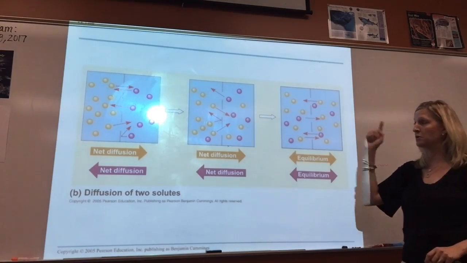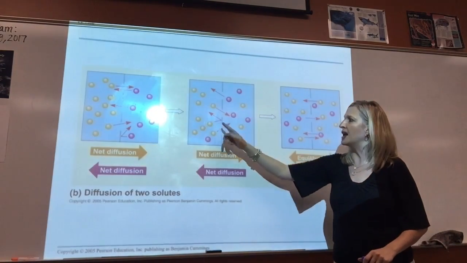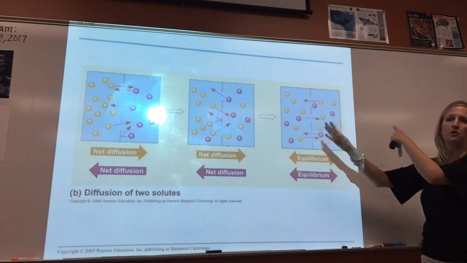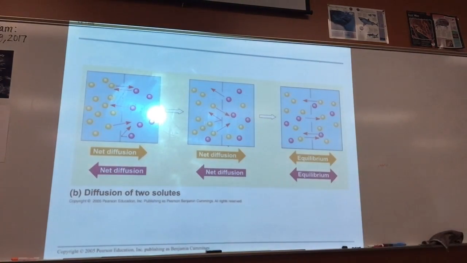They're going to randomly bounce and hit the pores and eventually diffuse to the left side until we reach equilibrium. So they're both diffusing independently of one another until equilibrium is reached and there's equal concentrations of either dye at either side of that membrane. So molecules will always diffuse to equilibrium if it's possible.